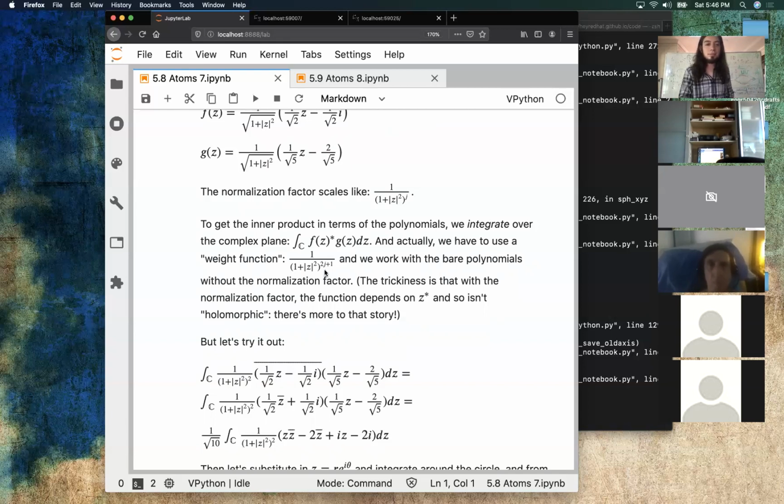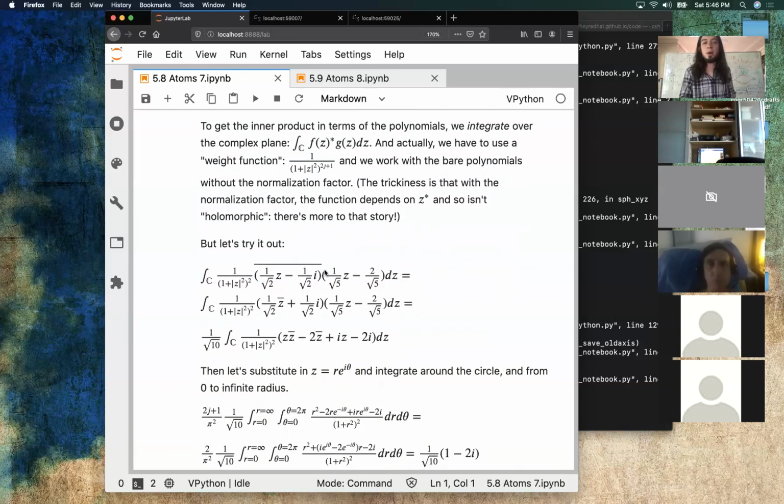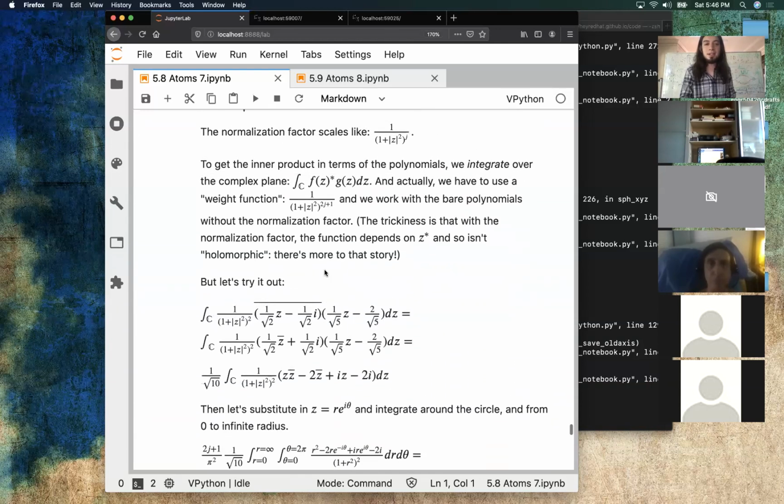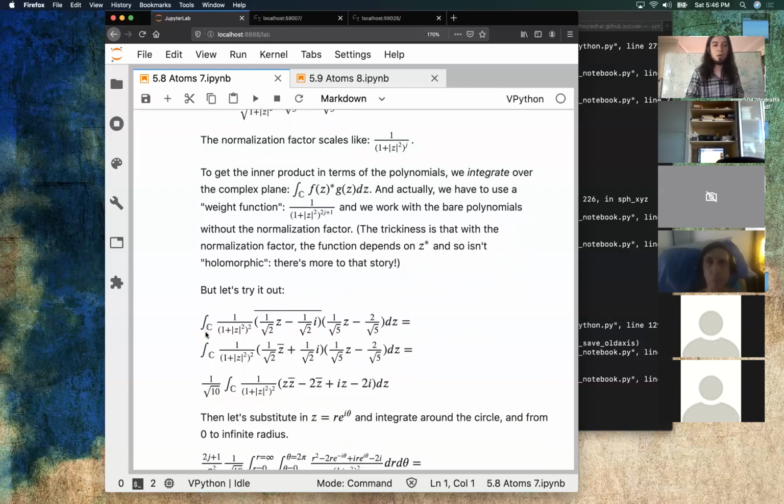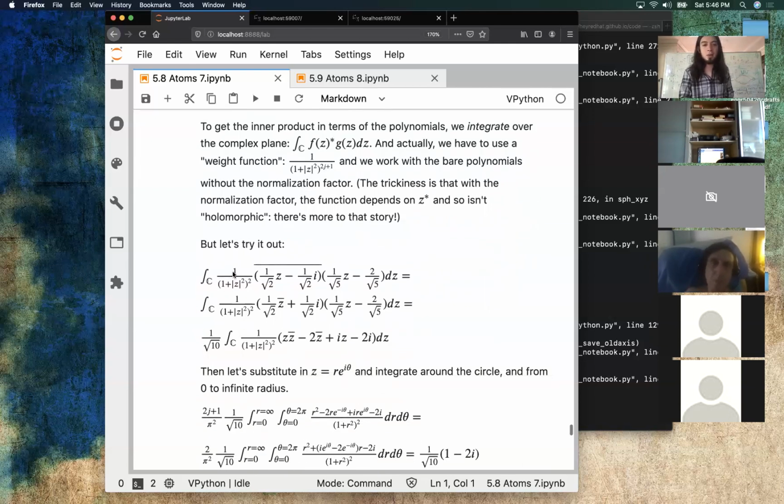And there's an interesting story about why that is, but let's leave it to the side right now. So in this case, j is 1/2. So here you have 1 over 1 plus absolute value of z squared, that's our weight function, times here we have f conjugate, and here we have g, okay?